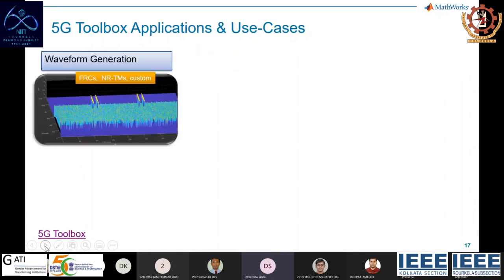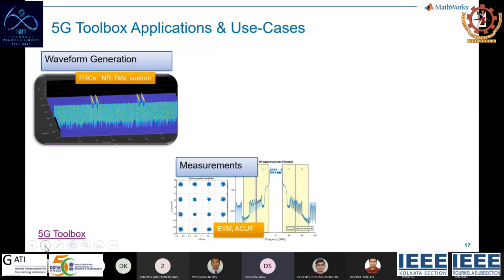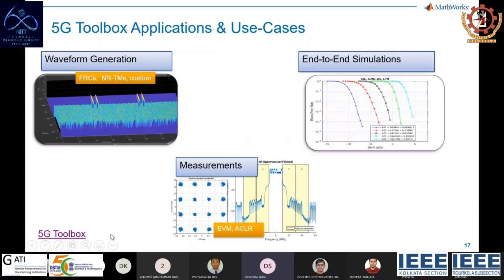Okay. So what we can see so far is that if we categorize the challenges and the work needed in developing a 5G system, they can be put in three main buckets. That is waveform generation, that is where to get a 5G signal or how to generate a 5G signal. Next, end-to-end simulation, starting from the transmitter side to the channel to the receiver side.